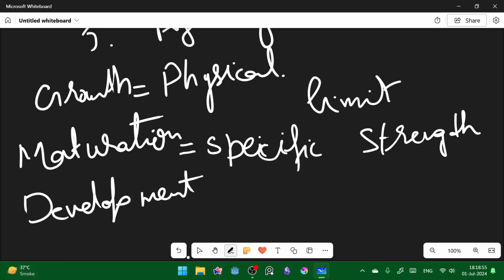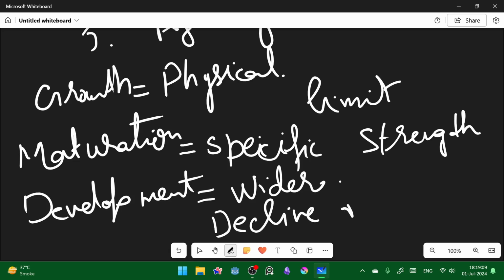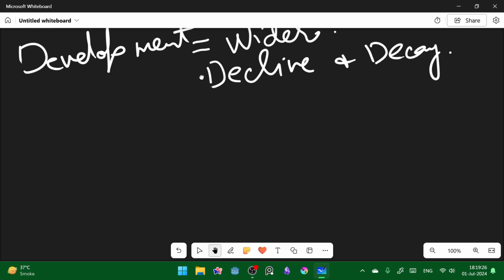The third concept that is very much important when we study in developmental psychology is development. It is a more wider concept and it includes both growth and maturation. It not only involves improvement but also it involves decline and decay. The process of growth stops at a certain limit, but development continues from before the birth and till the end of life, till the death. So we see that weakening of bones, that is a symbol of aging, also included in the developmental psychology.